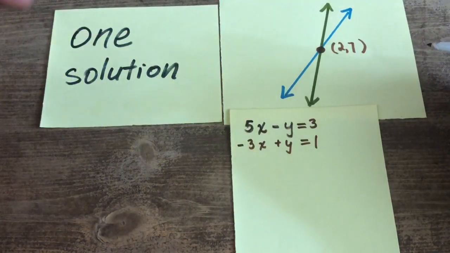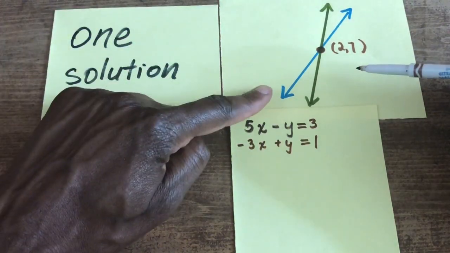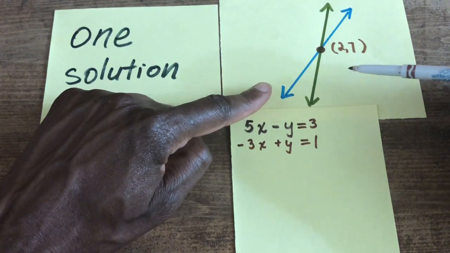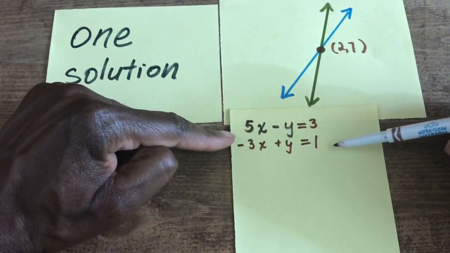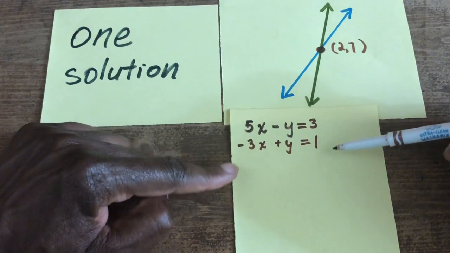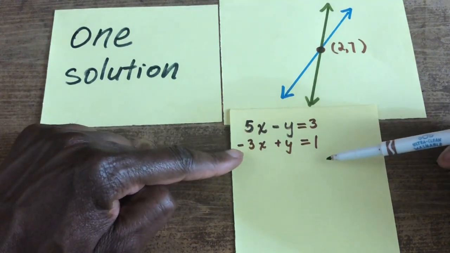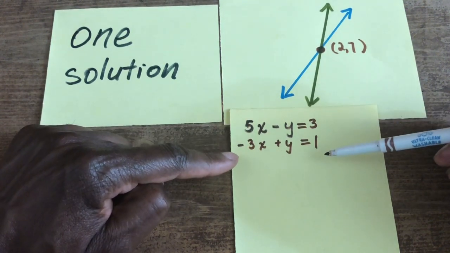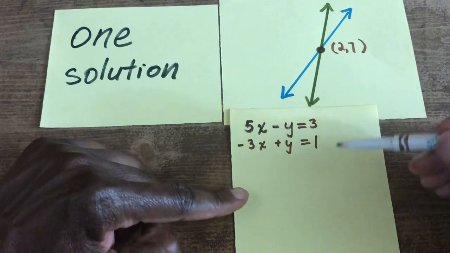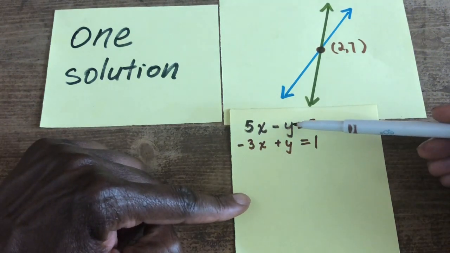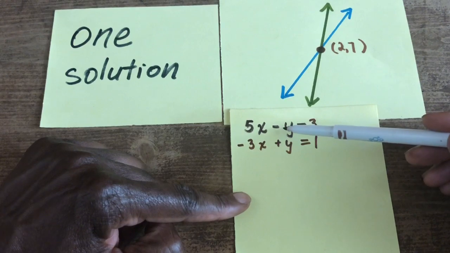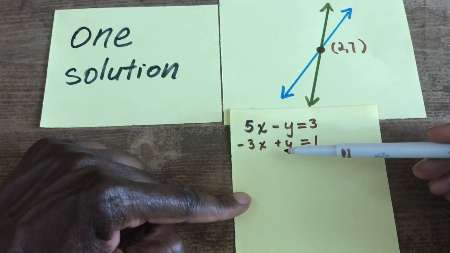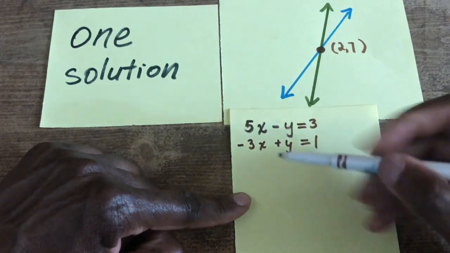Okay, so that's what the one solution looks like graphically. Now let's see what it looks like algebraically. When we solve this, we're going to use the elimination method. Why? Because I can eliminate the negative y and the positive y when I add these two equations together.